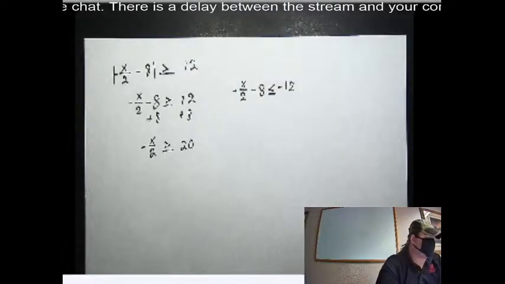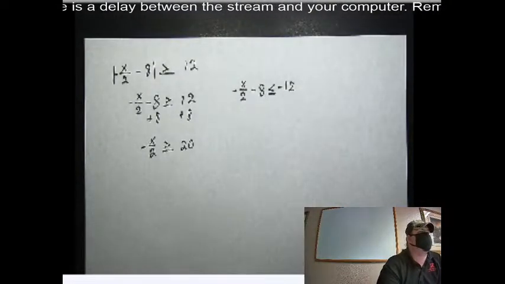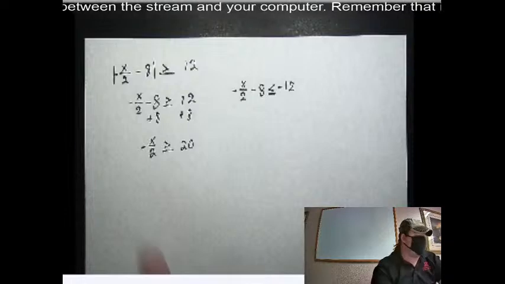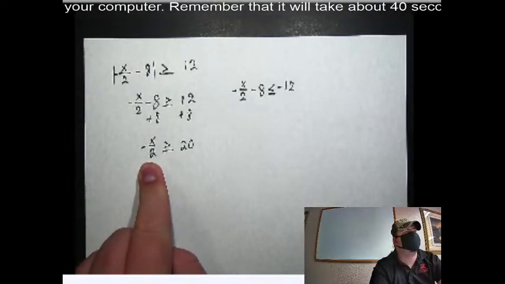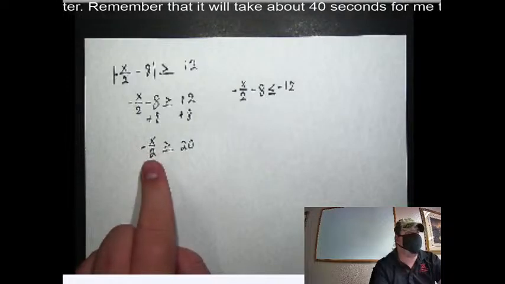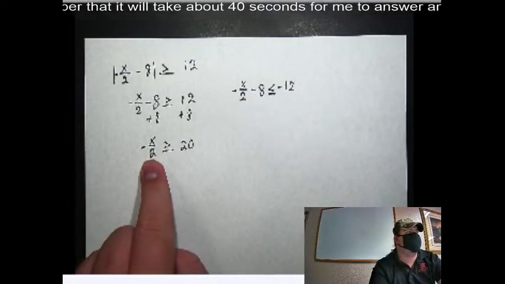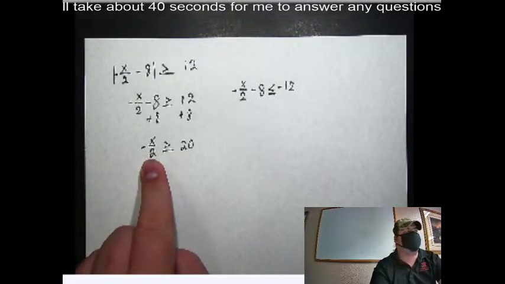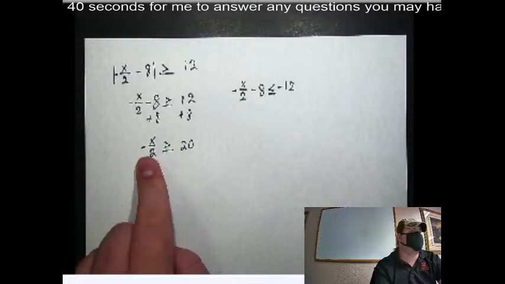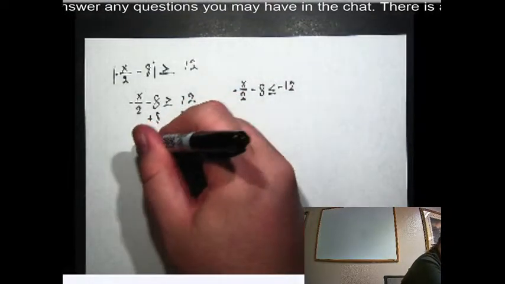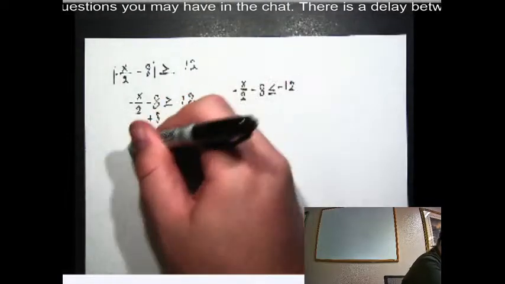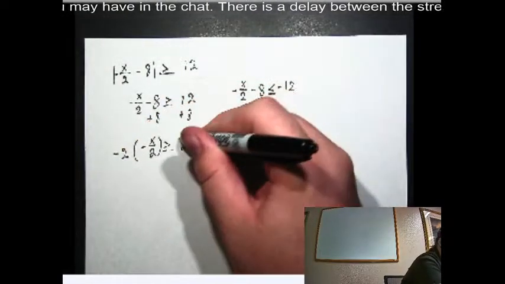All right. So now, what do we do? Multiply. What are we going to multiply by? Yeah, we could also take the negative along with it, couldn't we? So let's go ahead and get it all in one. So let's multiply by negative 2 on both sides.